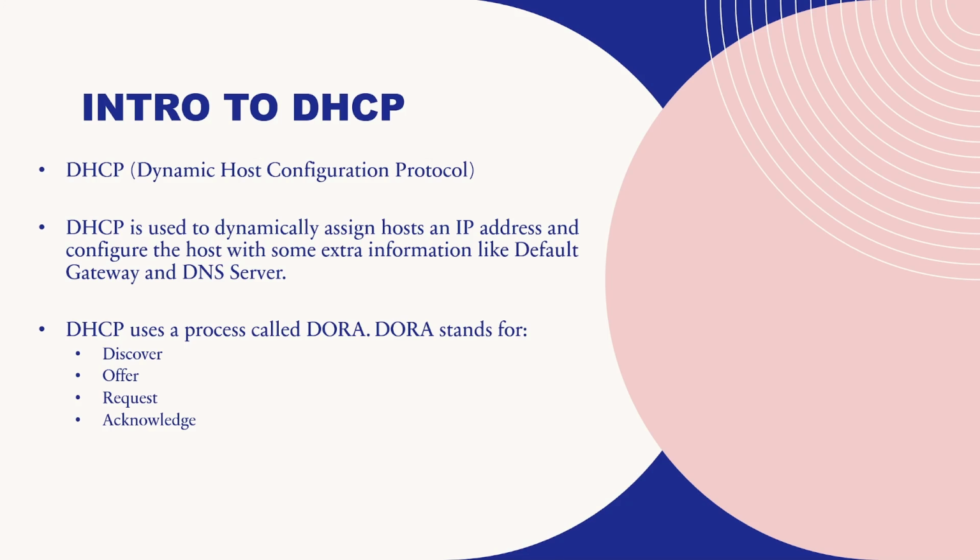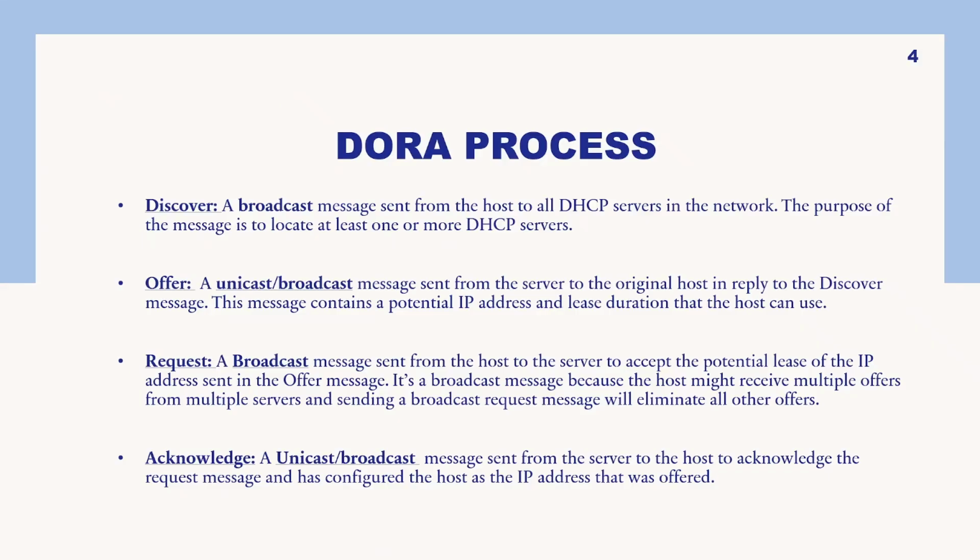So, what is DORA? I'm going to explain the four processes. The DORA process consists of four messages: Discover message, Offer message, Request message, and Acknowledge message. The Discover message is a broadcast message sent from the host to all DHCP servers in the network. The purpose of this message is to locate at least one or more DHCP servers.